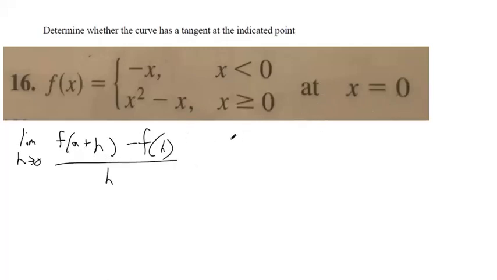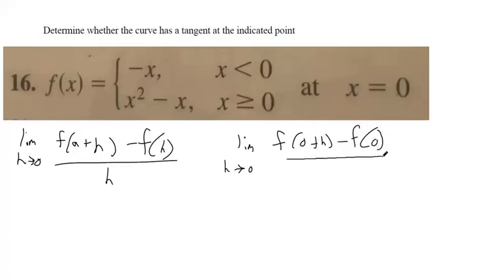So we're trying to find the limit as h approaches 0 of f of 0 plus h minus f of 0 divided by h. Okay, but the problem is we don't even know if this limit exists because it could be different on the left side and the right side. So let's do this once from the left.